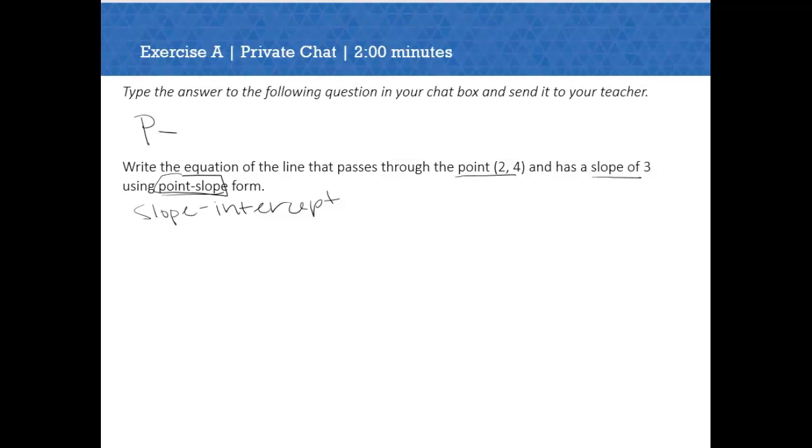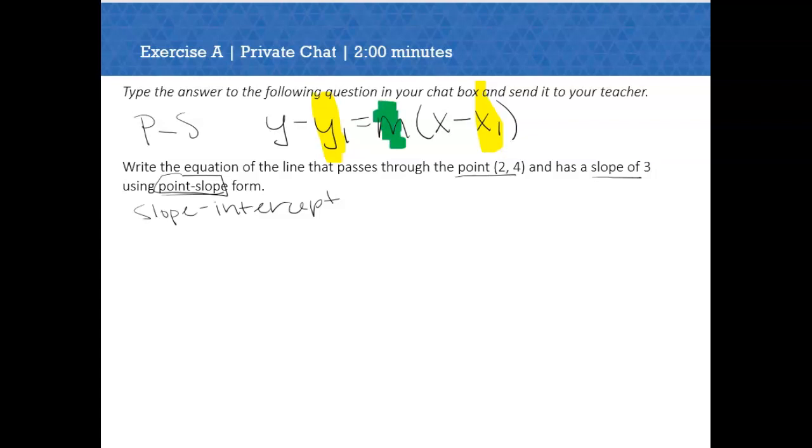In point slope, that equation is y minus y1 equals m times x minus x1. You'll see that we have some new variables in here: a y1 and an x1, and we also have m.